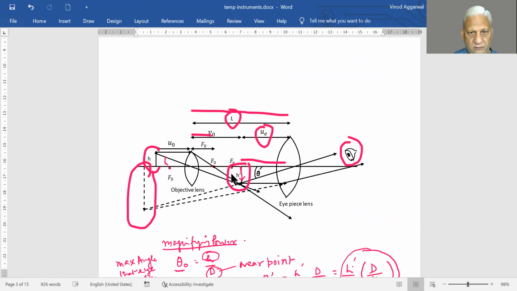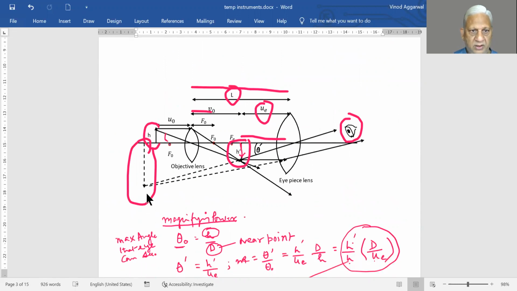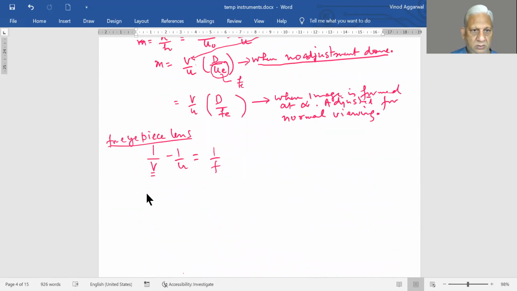V is formed in front of the lens, which is against the rays, so V will be negative.